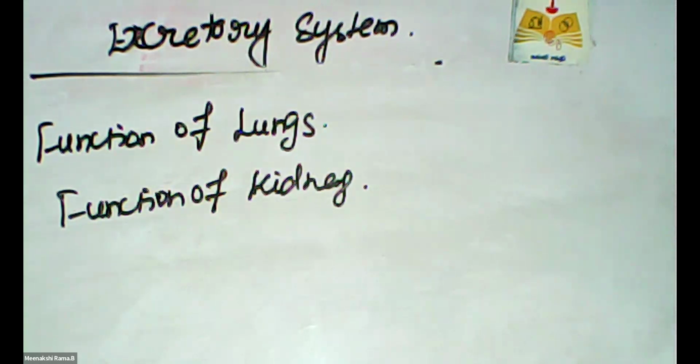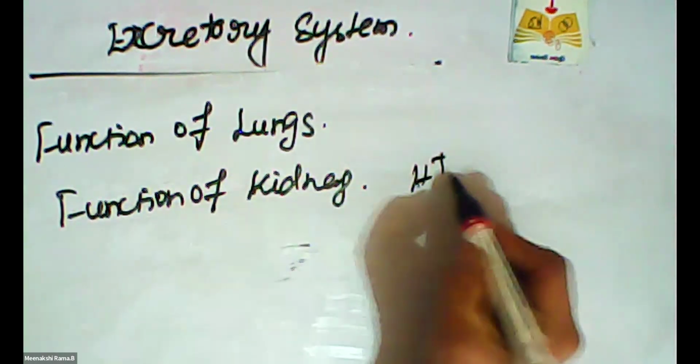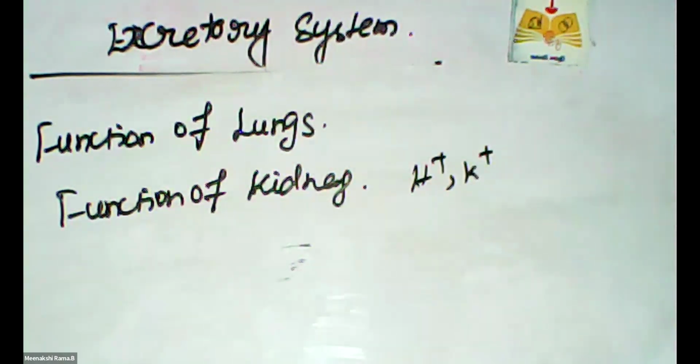Tubular secretion. Substances that are hydrogen and potassium ions, H plus and K plus ions, are secreted into the tubule. What tubule? That is the urinary tubule. The structure of nephron I told: the nephron contains the renal capsule and the renal tubules also.